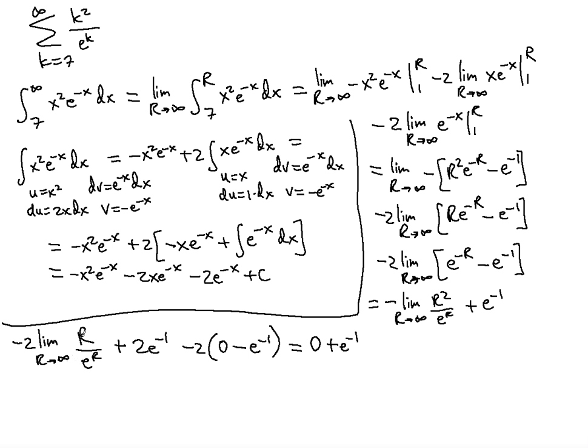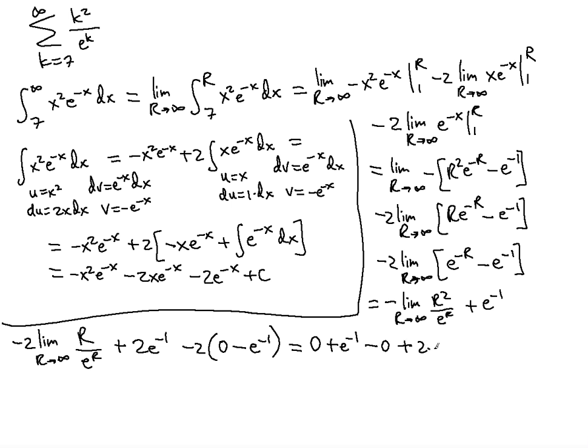Here again, even though this is indeterminate, you take the derivative using L'Hôpital's rule. r becomes 1, and e to the r stays itself no matter how many times you take the derivative. So it's 1 over infinity, which is 0, so it's just minus 0. With 0 you can write plus or minus, it's the same thing.